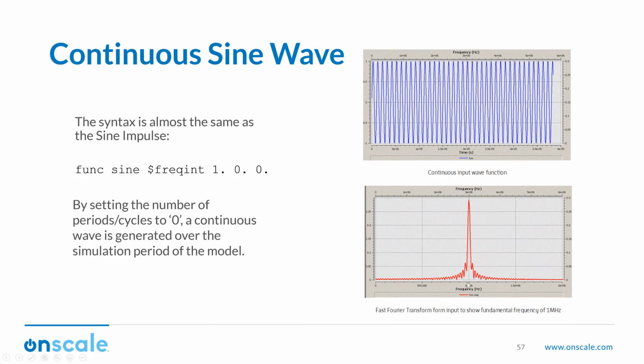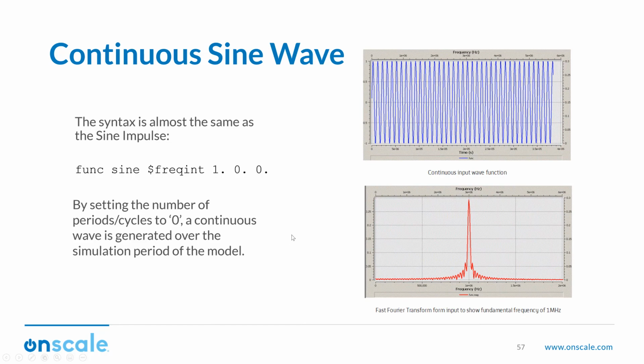Because the perfect infinite sine wave should have a frequency of 1 megahertz. In practice, because the signal is not really infinite, there are some small vibrations here, which are due to the fact that there is a certain windowing effect in the fast Fourier transform.